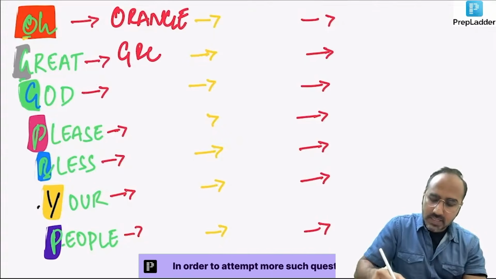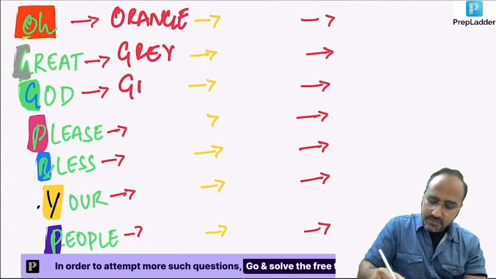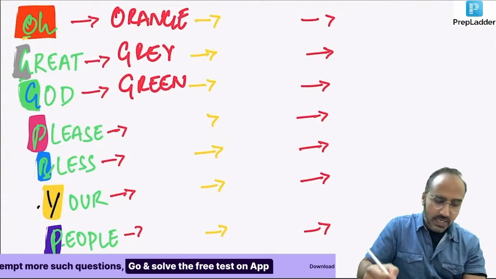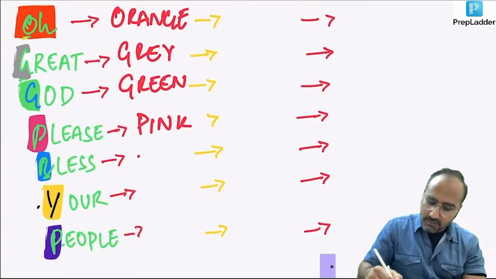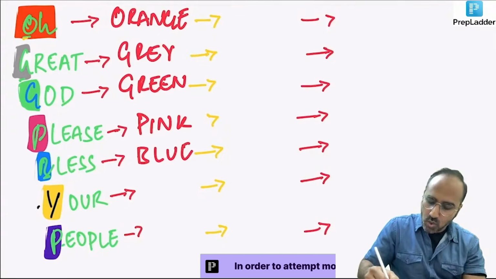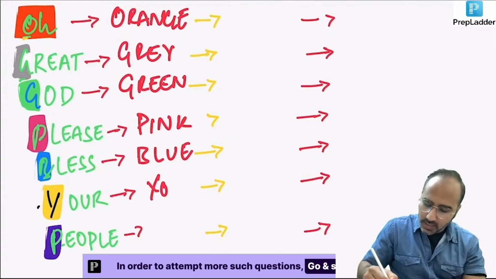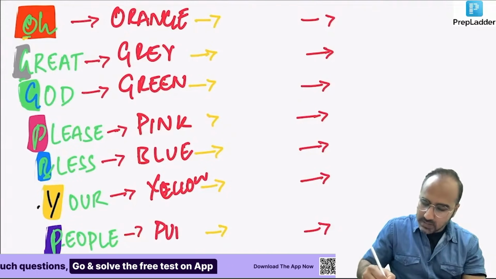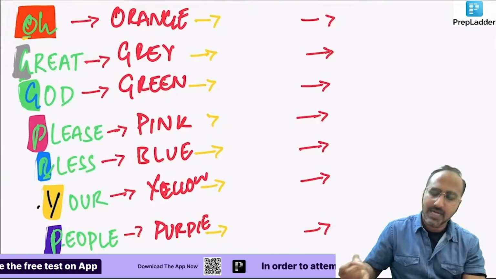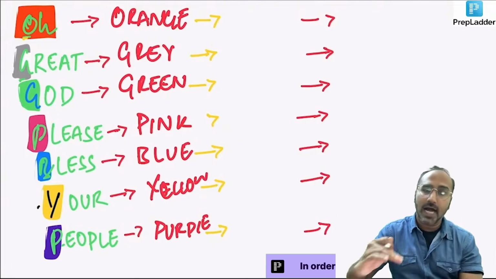Great means gray. Next is green. Next, pink. Bless, blue. Your is yellow and people is purple in color. These are the IV cannula colors.